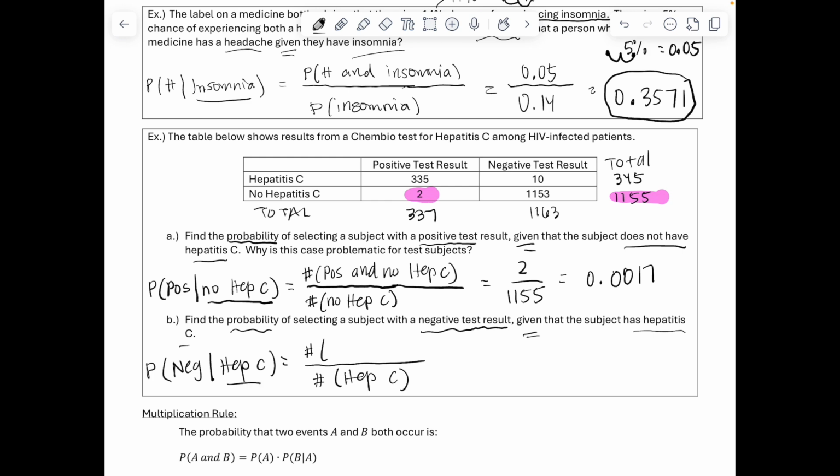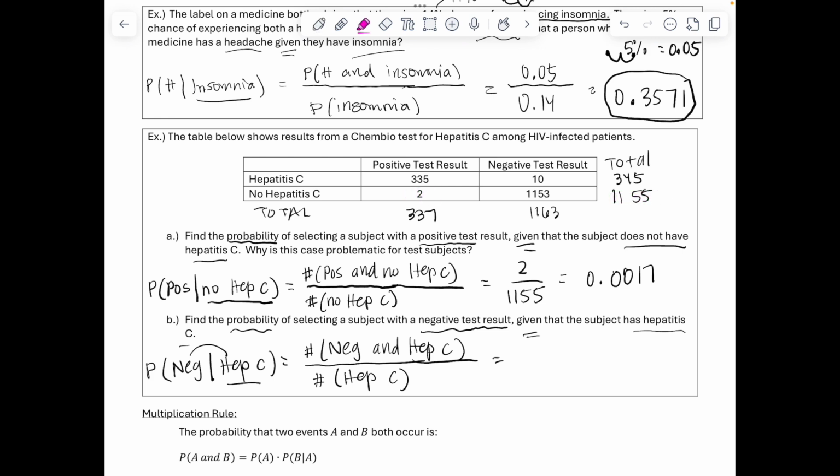And then in the numerator, it's both of those, negative and hep C. So this is problematic also, but a different type of problematic, since this time it's the probability that they got a negative test result, but they actually have hepatitis C.